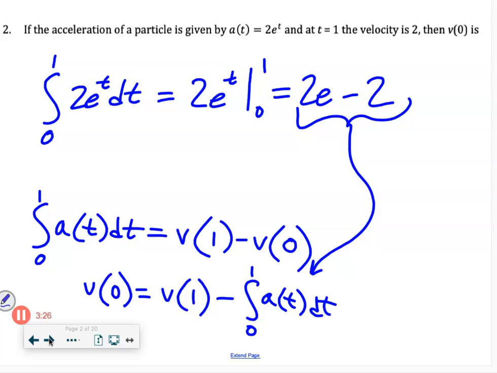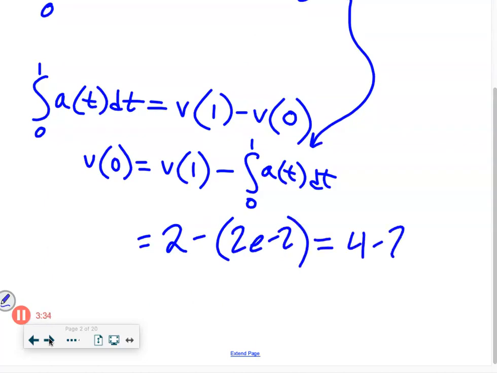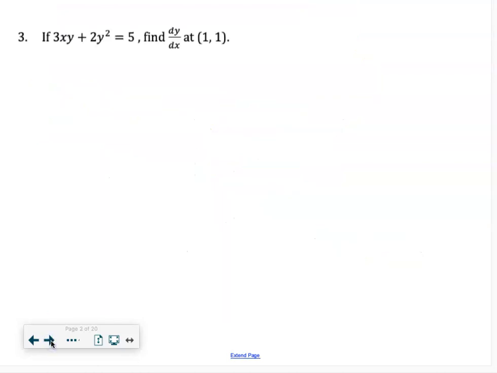I have to expand. So v of 0 equals 2 minus 2e minus 2. So I get 4 minus 2e. Did I do my math right? Okay. All right. That's kind of a convoluted way to do it, though. And in all honesty, an antiderivative for this with a plus c would probably be faster and easier. Yeah, that's fine. All right. Okay.